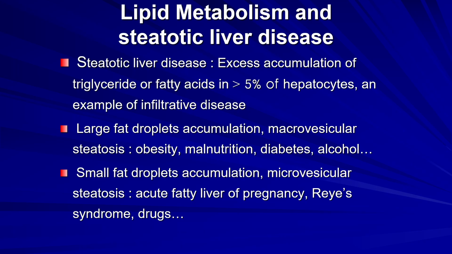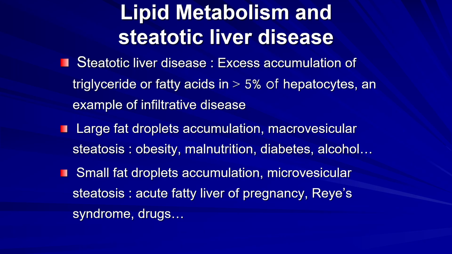The second type is small fat droplet accumulation, which is microvesicular steatosis. It is seen in pregnancy in the third trimester. We call it acute fatty liver of pregnancy. We see it in patients who develop Reye's syndrome.